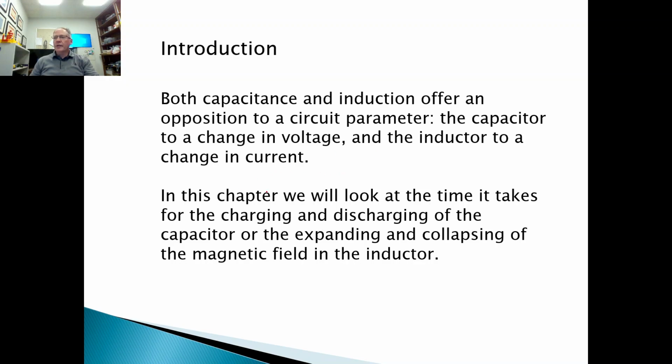So in this chapter, the focus is going to be how long it takes for the charging and discharging of the capacitor, or the expanding and collapsing of the magnetic field in the inductor. Just relate back to when we talked about capacitors and when we talked about inductors. Now, what are their time factors?